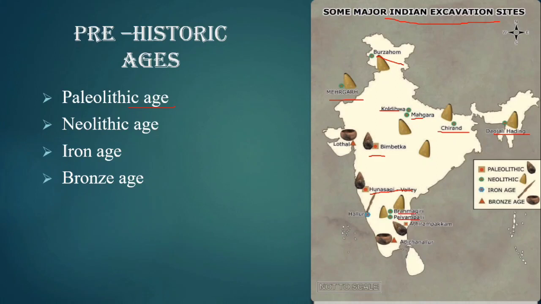These belong to the Neolithic age. Iron age, Hallur, only one place. Now Bronze age, that is Lothal, Adichanallur. I think you have understood this map.